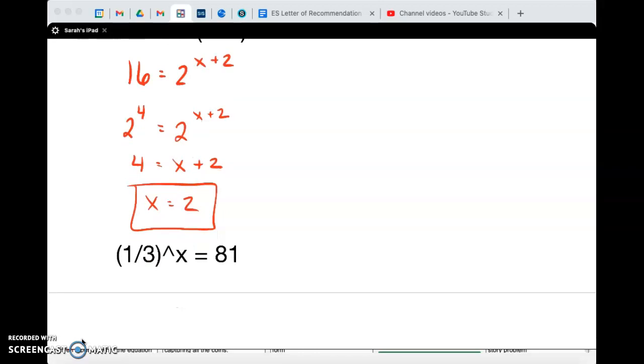Okay, last one, I believe. So this one is kind of interesting. I have 1/3 as the base on the left side and 81 on the right side. Anybody have any ideas?